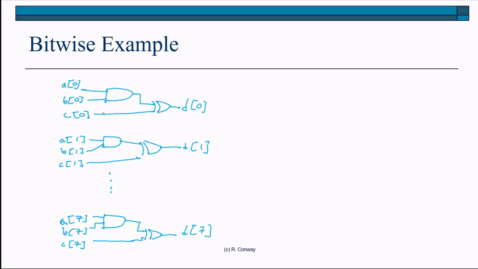And we want to implement the following functionality to obtain D, an 8-bit vector. Because we are performing the same bitwise operations on each group of bits, we can model this operation as follows.